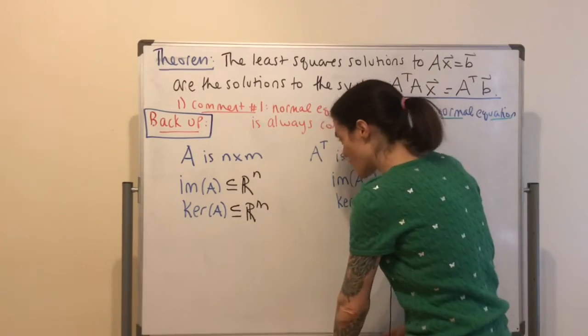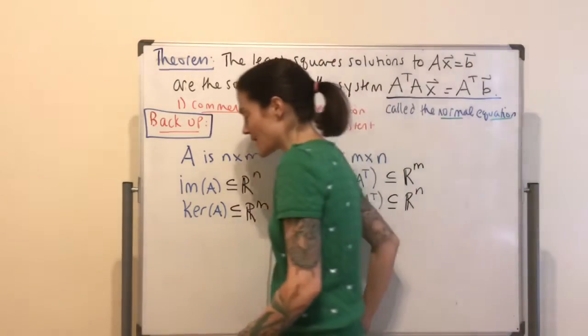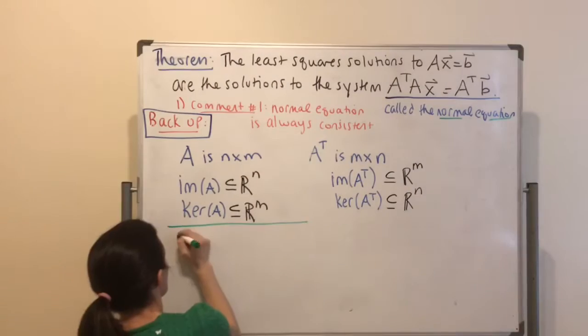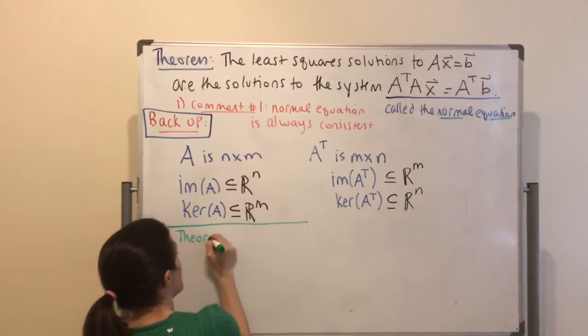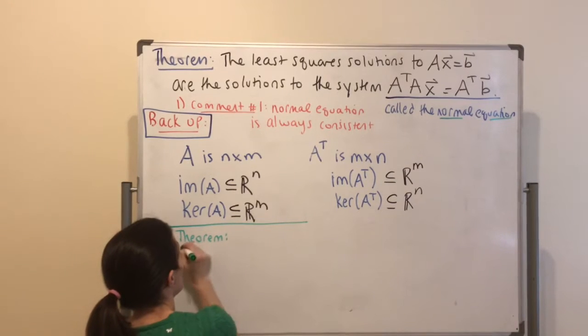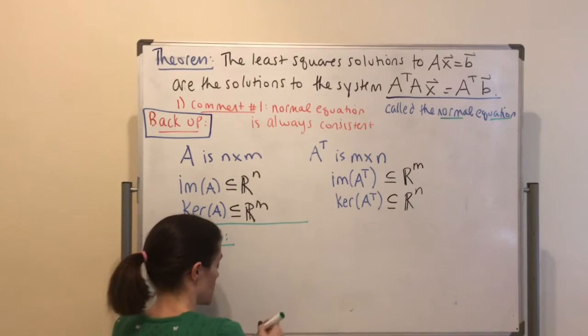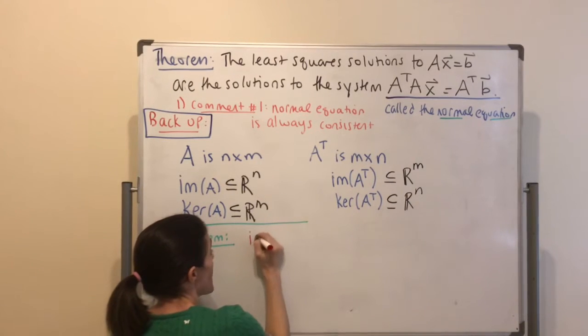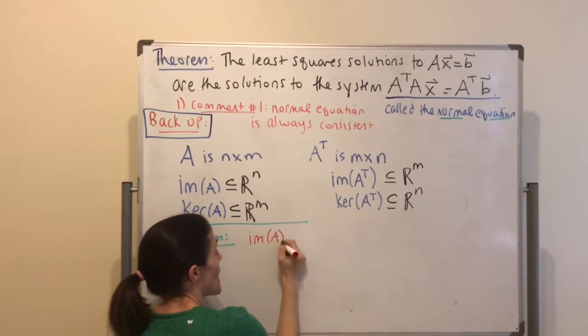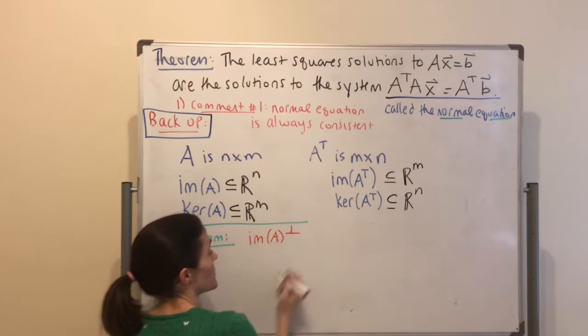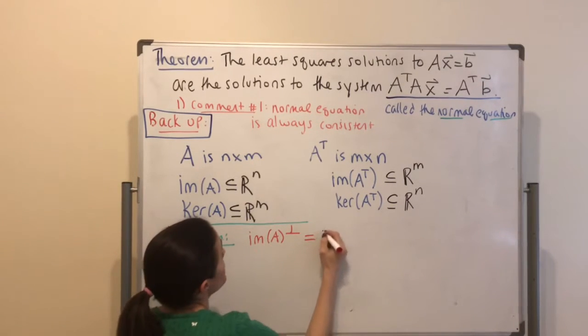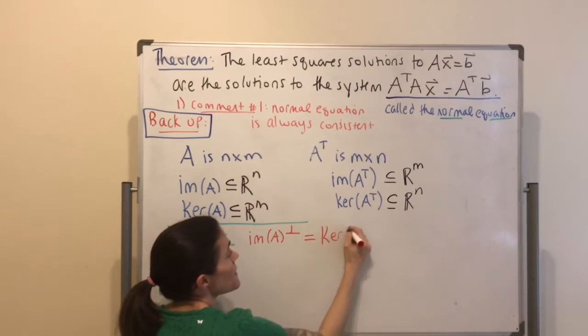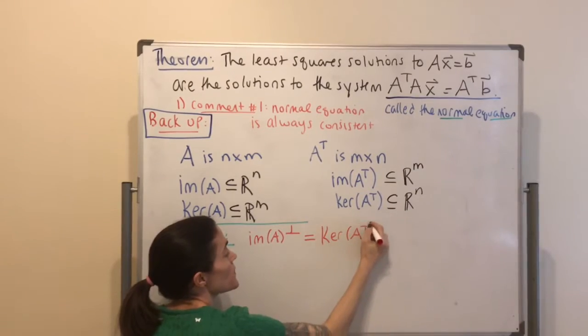But there's a lot more relationships than just locations. The most important one I will mention now, and we will discuss why. I'm going to call it a theorem, and we will prove it. Maybe I'll do it in red. If you take the image of A and you take its orthogonal complement, this will be the kernel of A transpose.